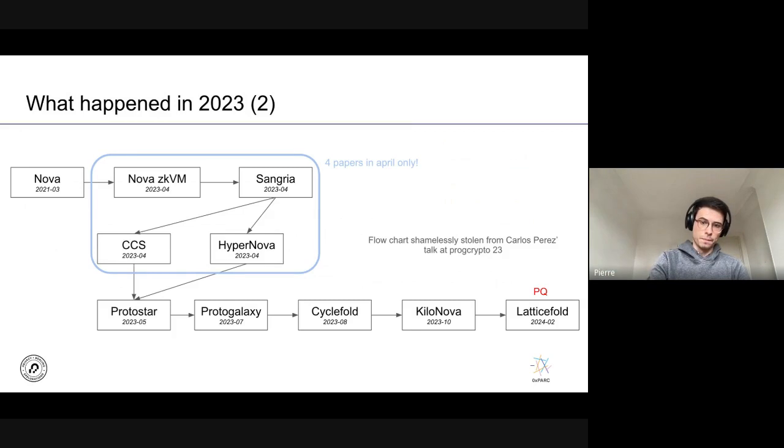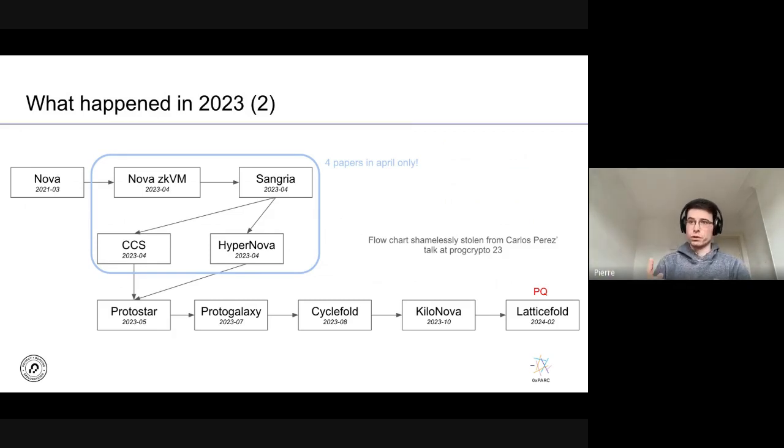You also had Protostar, ProtoGalaxy, then CycleFold, then KiloNova, and recently LatticeFold, which is post-quantum secure. And this is a flowchart that was stolen from Carlos Pérez's talk at ProCrypto 2023. So if you want to dive more into what happened in 2023, this talk is really interesting for that. It has been a very active area of research.